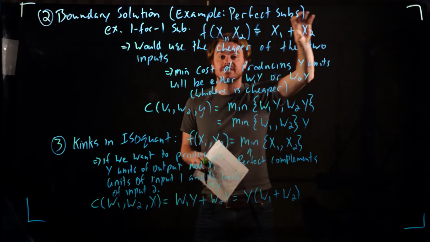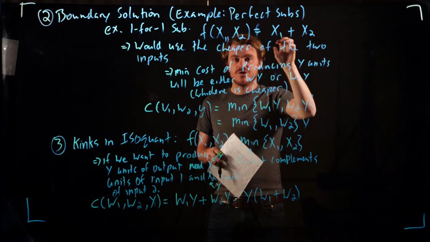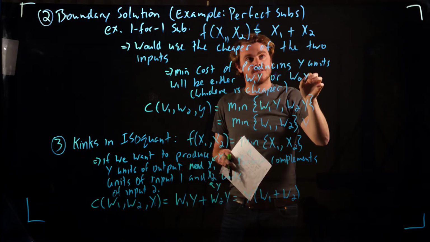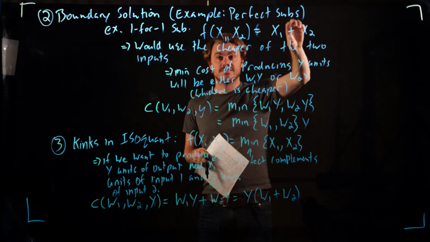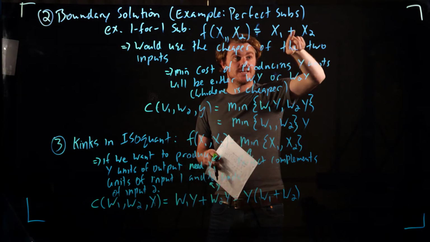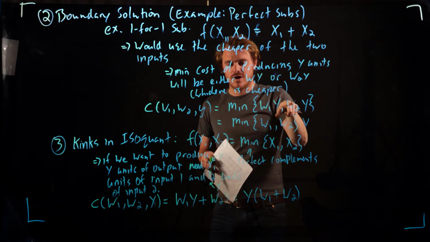And I just picked the simplest perfect substitutes here, where it's 1 for 1. If that's true, you're just going to pick out whatever one's cheapest. But you should know how to solve this problem, even if this was a 2 over here or a 3 in front of the x1, how you figure out what the cost is.